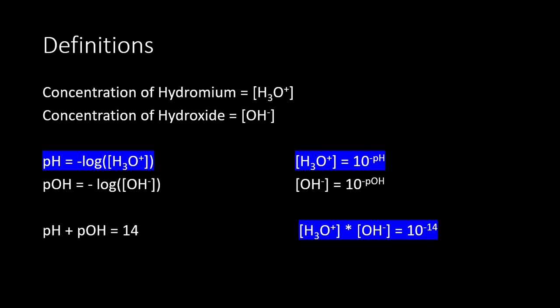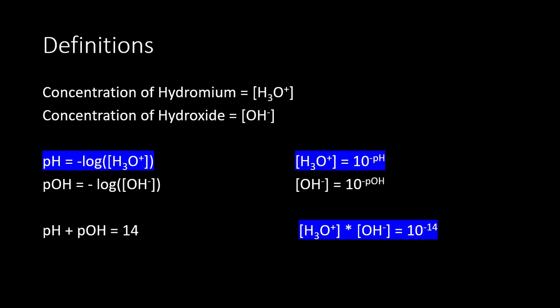And on the bottom right is just a formula for if you know hydronium ion concentration or if you know hydroxide ion concentration. You can solve for the one that you don't know because hydronium ion and hydroxide ion concentrations multiplied together always equals 10 to the negative 14th power. So if you know either hydronium or hydroxide concentration, you can solve for the missing one.